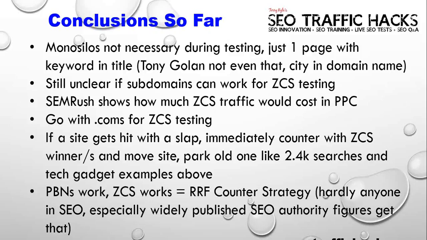So if you get these few little components, the PBN links, the zero content SEO, and how we're working around that random rankings factor, you are already ahead of 99% of people trying to do SEO online, because you've got the clarity of that picture of how these jigsaw pieces fit together, and you can achieve spectacular results really, really quickly if you're using this.